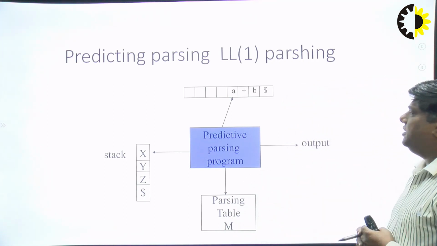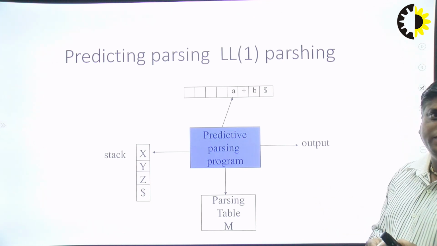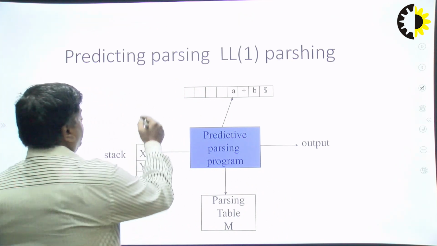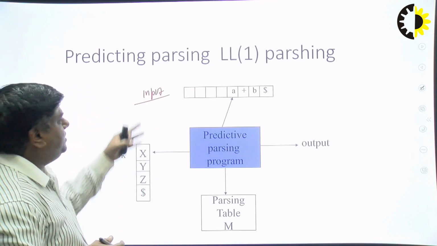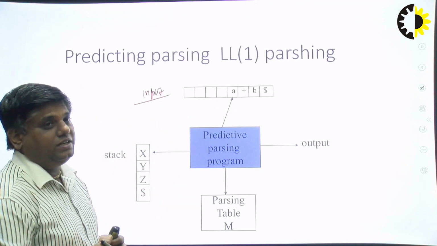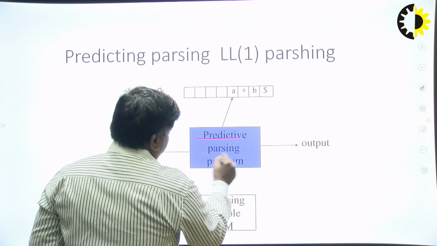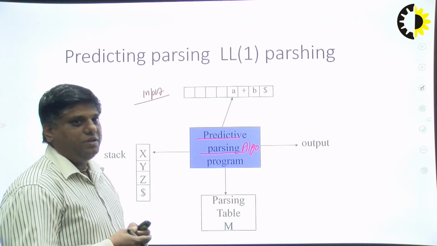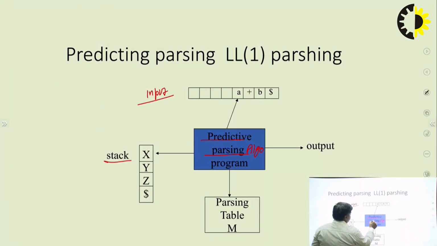Now this is the basic structure of predictive parsing, also known as LL1 parsing. In LL1 parsing, we need the input. In this step, we feed the input of the grammar or the input of the language. With the help of the predictive parsing algorithm, we read this input symbol, and with the help of the stack and the predictive parsing algorithm we generate the parsing table.